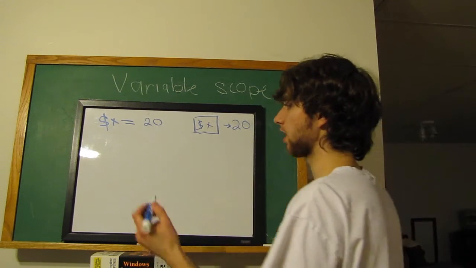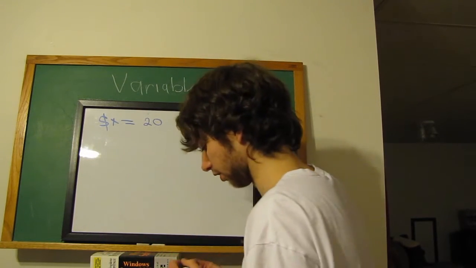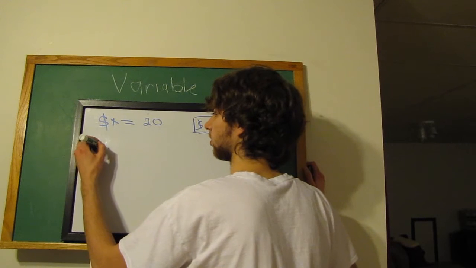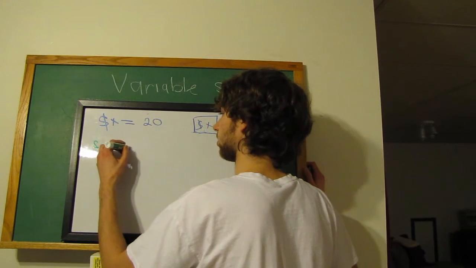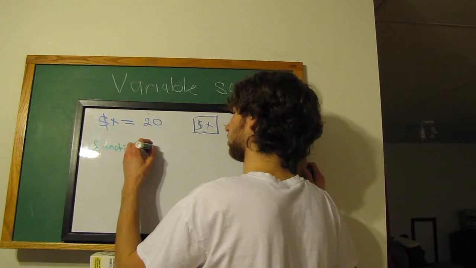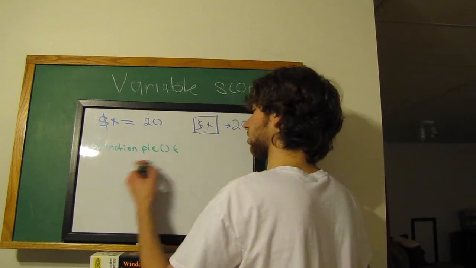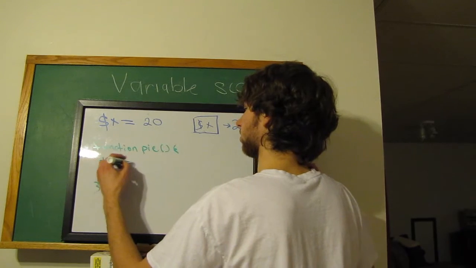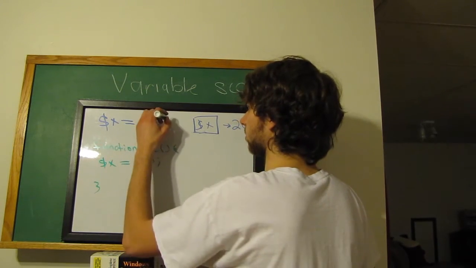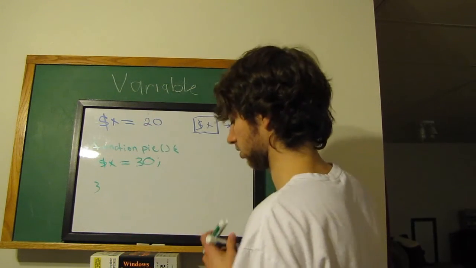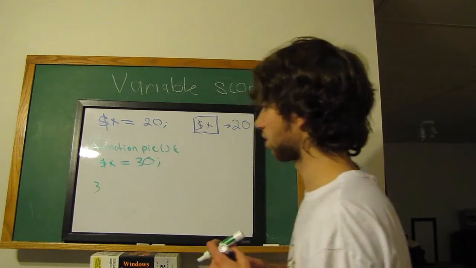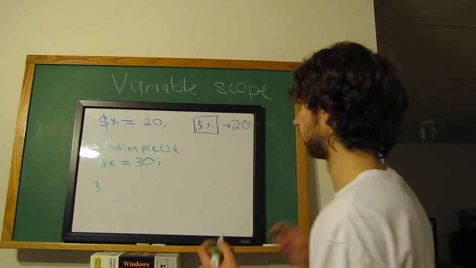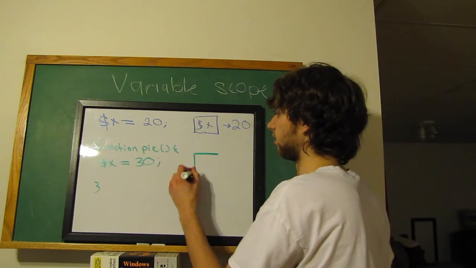Alright, now we have a function. I'm going to do that in green. So now what we have is a variable x with the value 30. Well, this is actually a different variable.